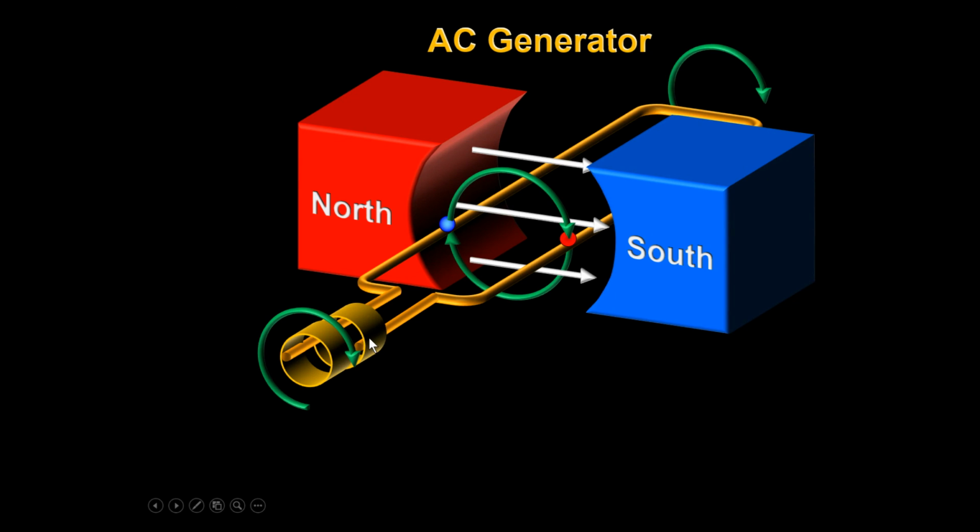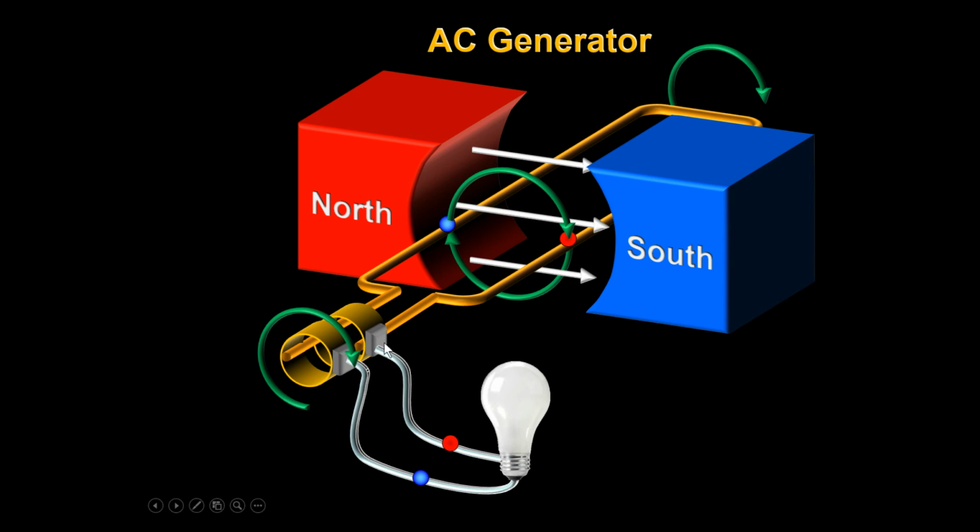This wire is attached to this ring. And then we have these brushes that slide on those rings, completing the circuit. So this red one, if this one gets pushed one direction, it will push this one that way. If this one gets pulled back, or if it gets pushed back that way, this one will get pushed back that way. So what we're going to do is we're going to crank that thing around.